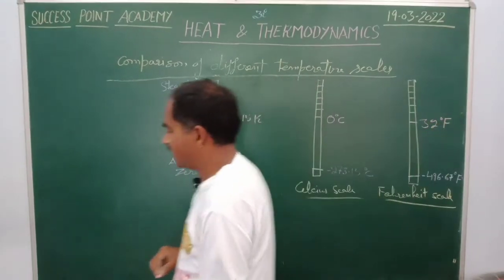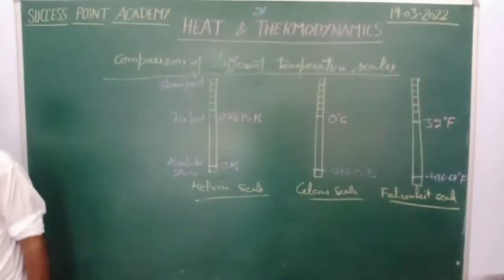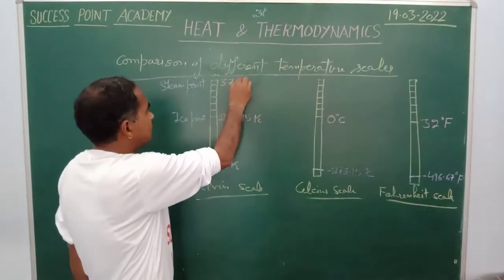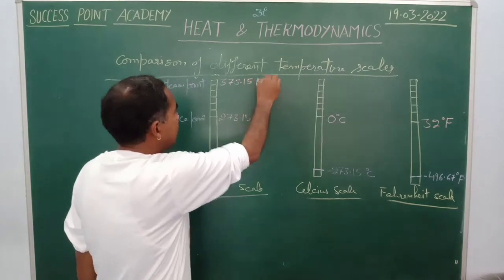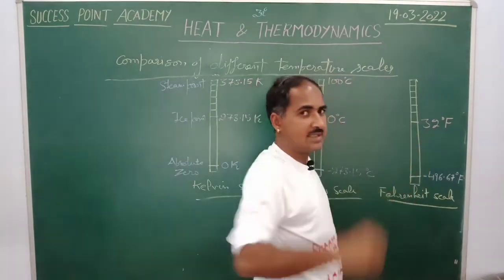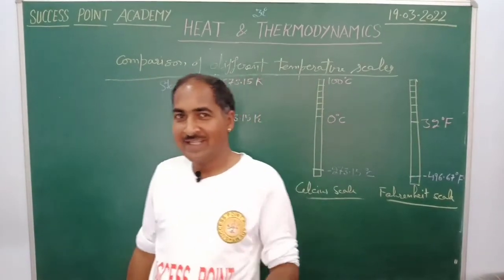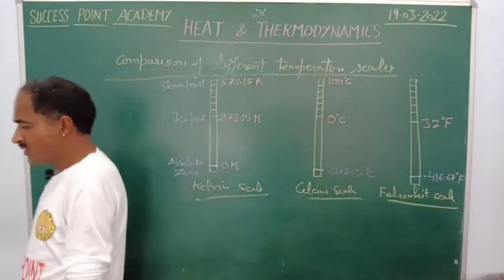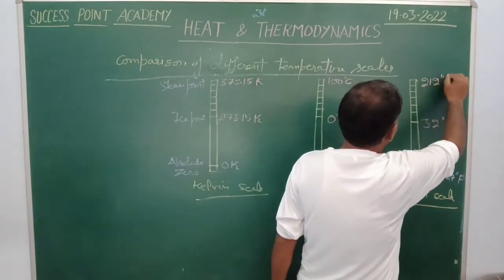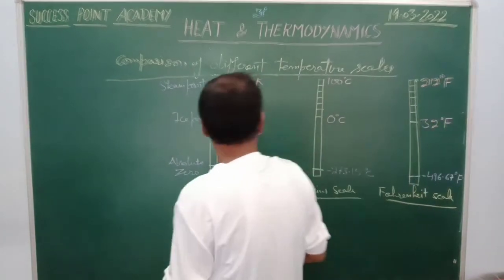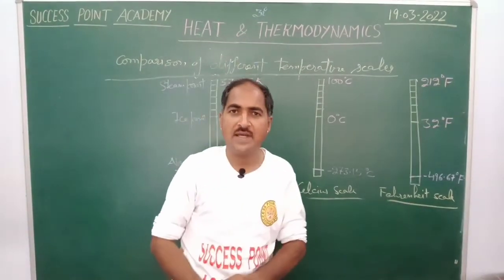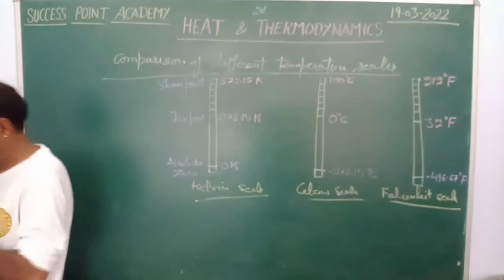If we talk about the steam point, it will be 373.15 Kelvin, and here it is 100 degrees Celsius. But for Fahrenheit the data will change: it is 212 degree Fahrenheit. So this is how we can compare the three types of temperature scales.